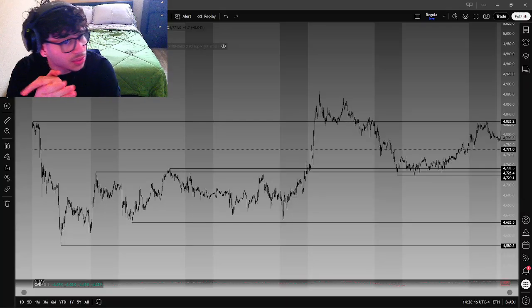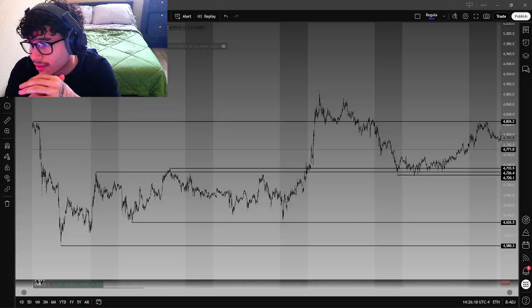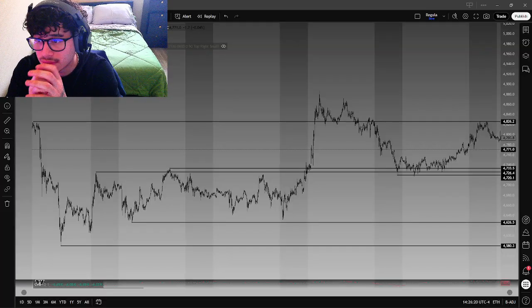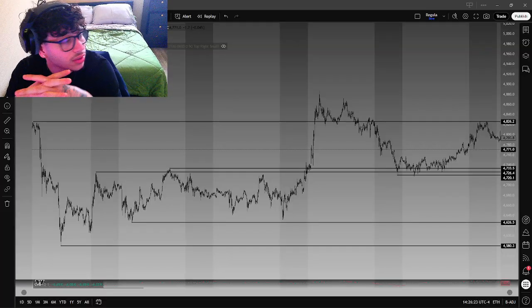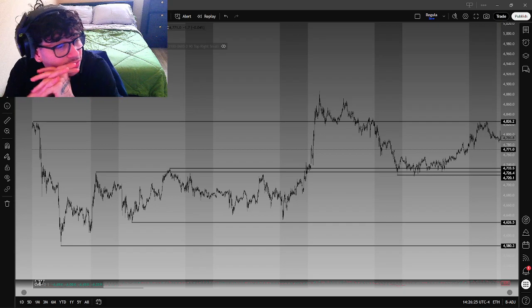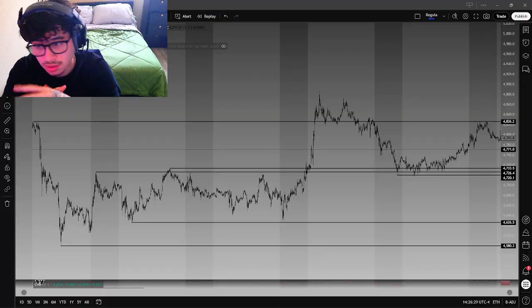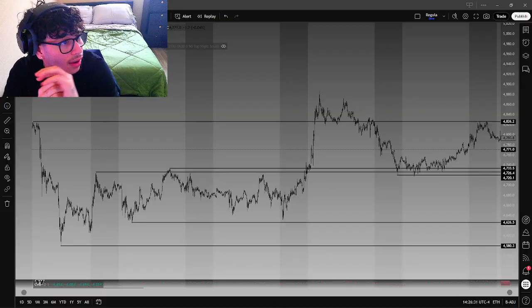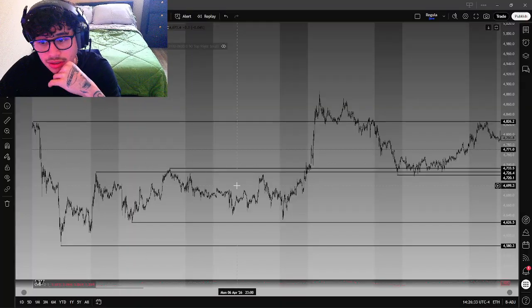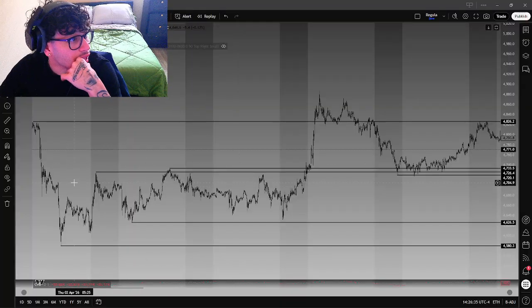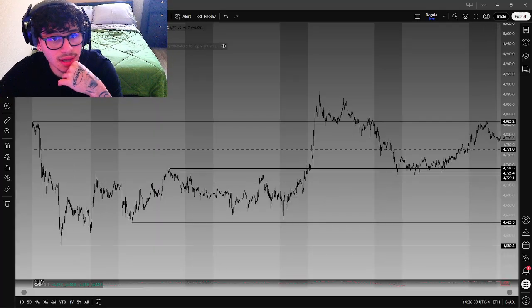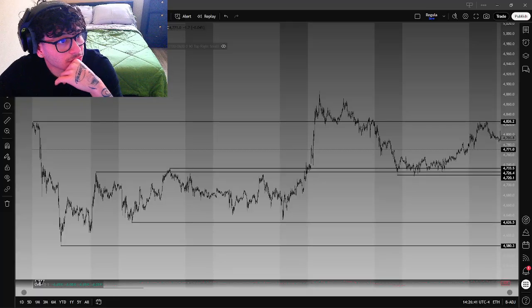An entry explanation, like an example of when you get your confluence to enter a trade, is if price is near support and it looks like it's about to go up, and you can tell that by previous patterns. You can see price has already bounced off that level multiple times, so you get a good confluence that it's going to do the same thing again.